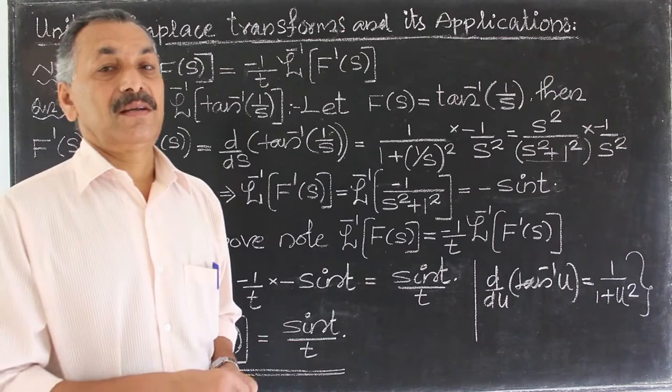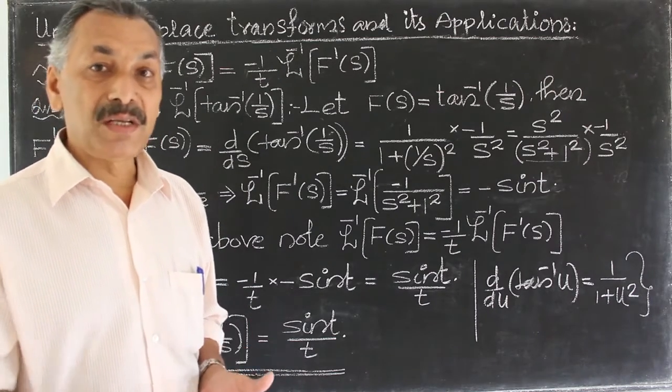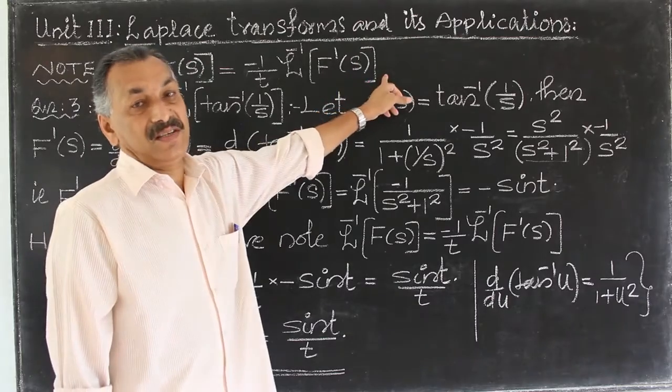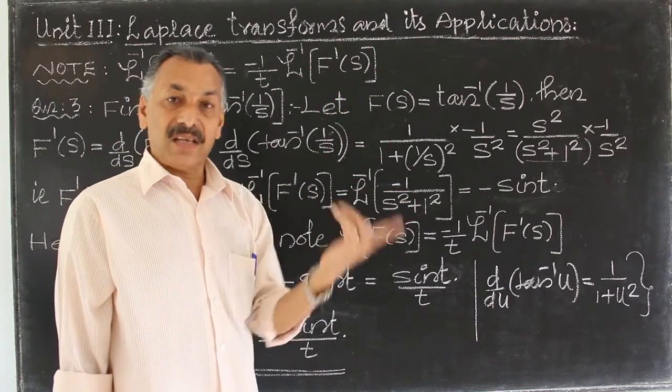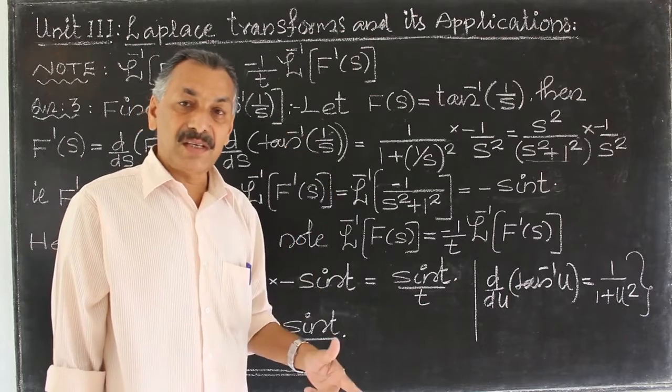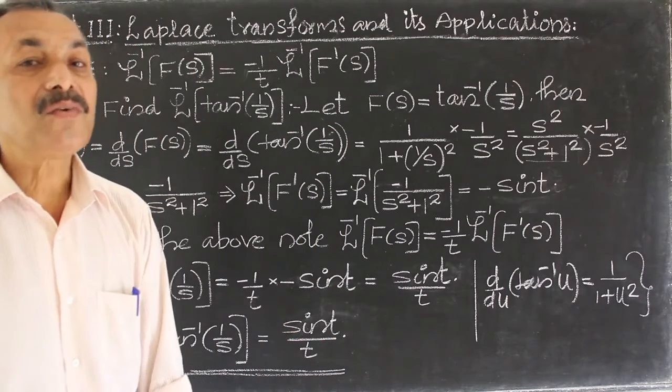We apply this method: find f dash, then L inverse of f dash, then L inverse of f of s is minus 1 by t into L inverse of f dash s.